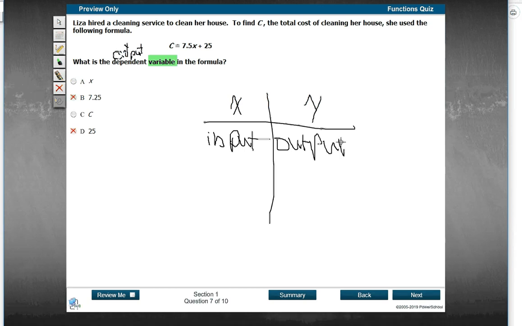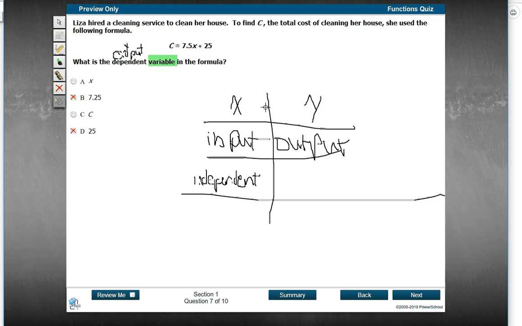The reason I make this table is it's an easy way to remember those vocab words. Your y value, or whatever your normal y variable would be, is going to be your dependent. So for this one, you would have to select C as your dependent variable.